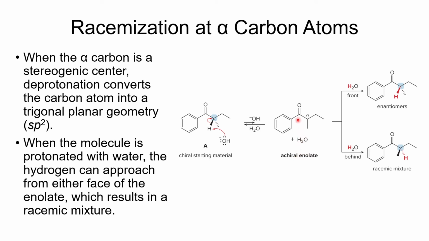And I've mentioned this so many times: if you have an achiral starting material or achiral intermediate, then you're going to have either an achiral product or a racemic mixture of those products. So if you have this and you deprotonate, then when you come back and protonate with water, you're going to get a mixture. So you're going to get racemization of that alpha carbon.